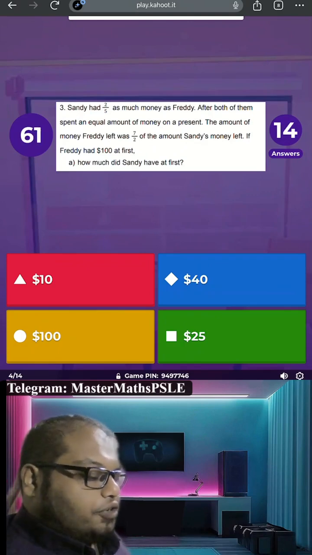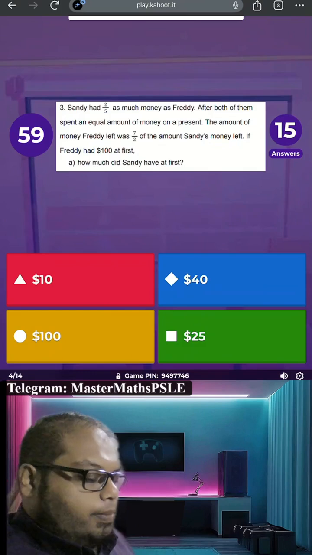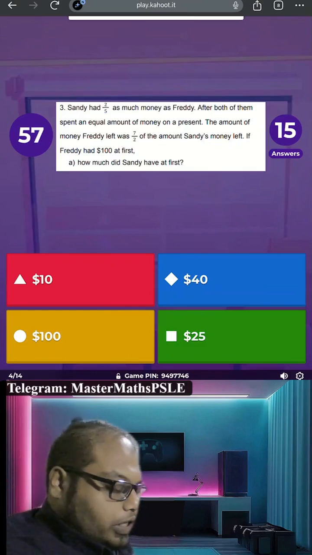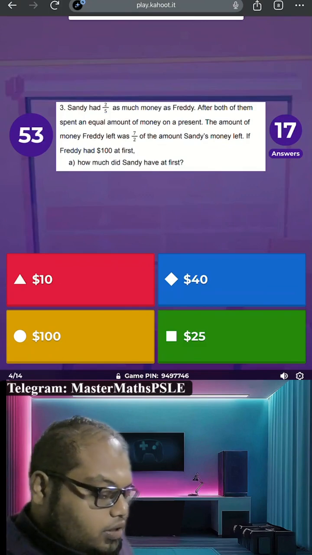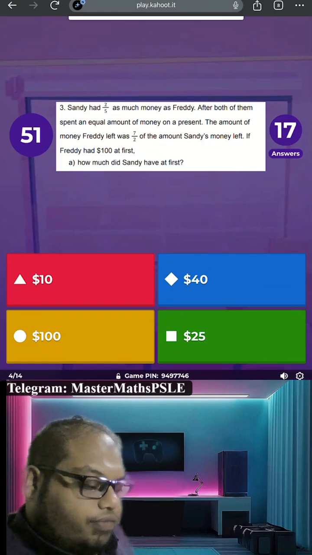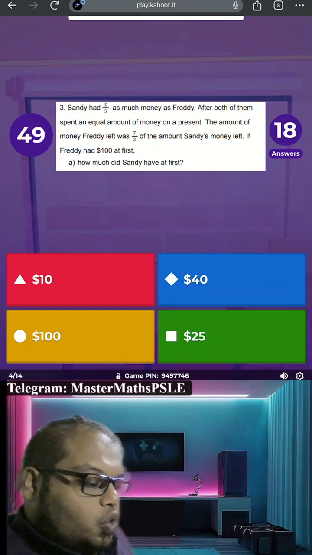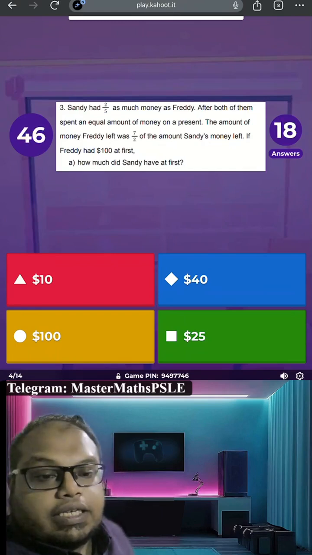If Freddy had $100 at first, how much did Sandy have at first? Okay, so actually for this first part, the thing that you need to know is that Freddy had $100 at first, and Sandy had 2/5 as much money as Freddy.